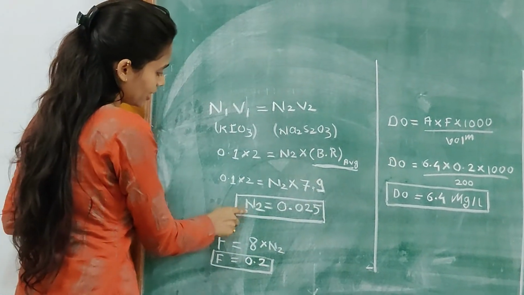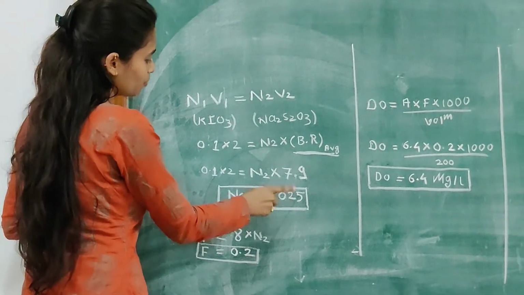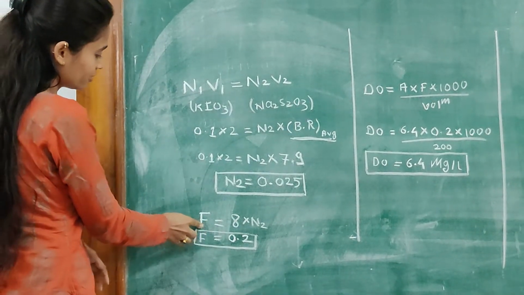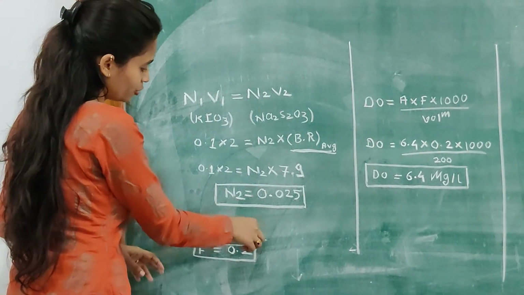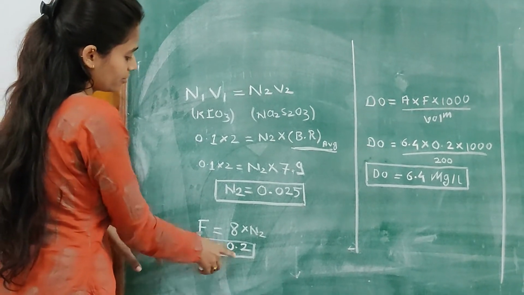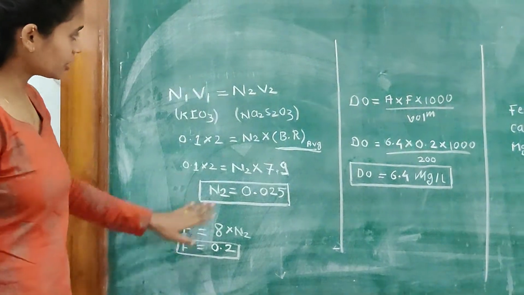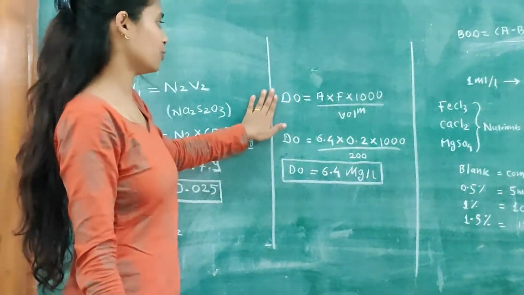That gives us N2 equal to 0.025. By using this N2, we need to calculate one factor, which is 8 into N2, that is 0.2 we got. And by using this factor, we need to calculate the DO.